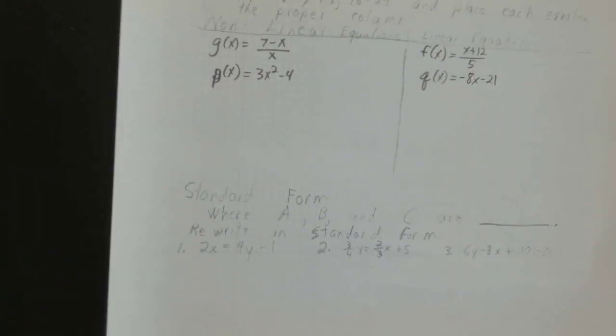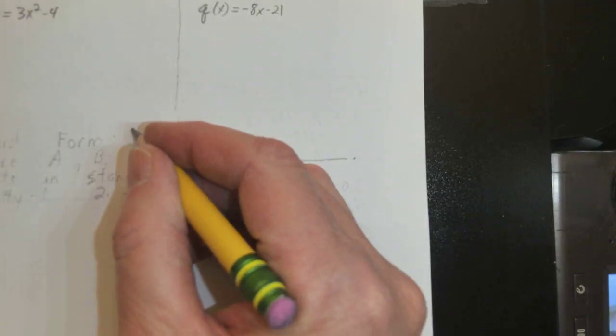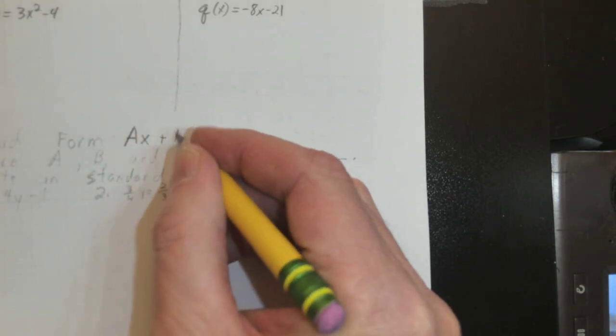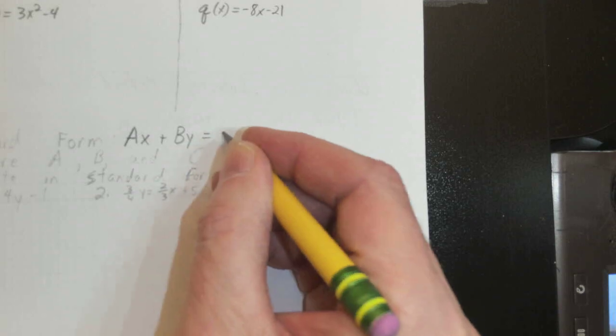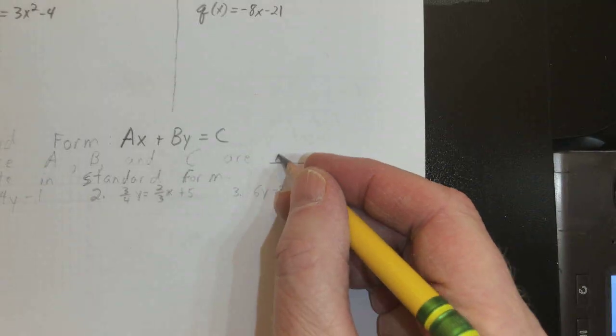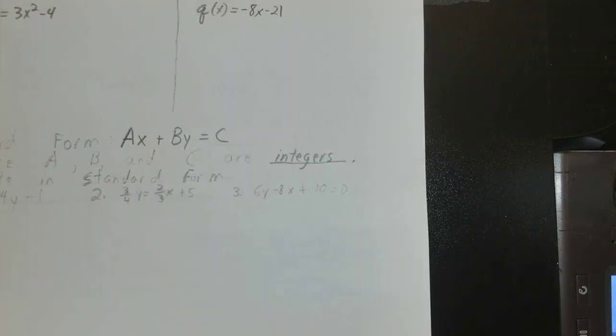Now, let's go to the next thing here, where we're talking about linear equations being in standard form. Standard form, ax plus by equals c, where a, b, and c are integers.